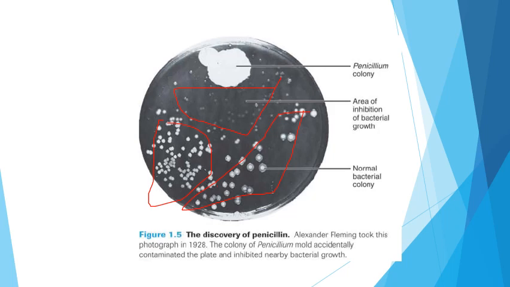And here we have a Penicillium colony. So it means that this Penicillium restricted the growth of bacterial colonies. Penicillium must have some type of antibiotic that restricted their growth.